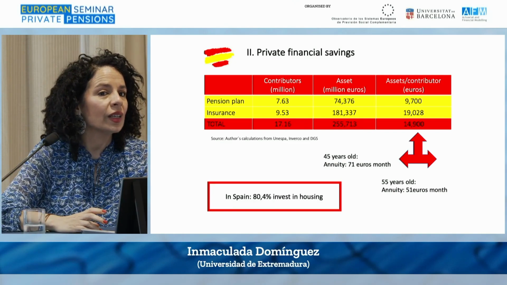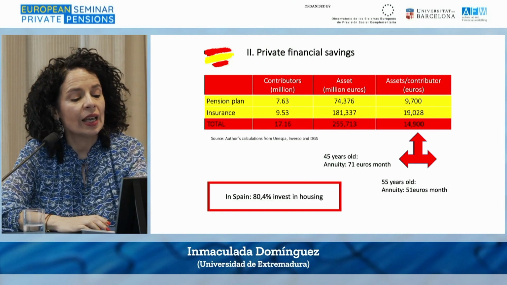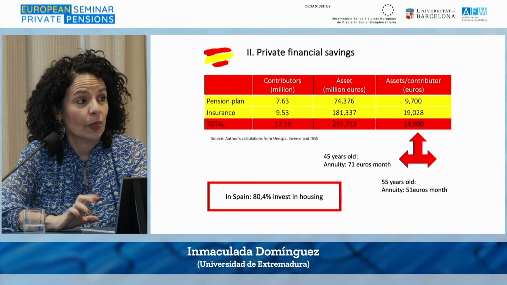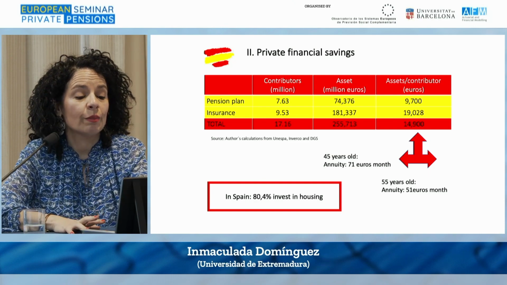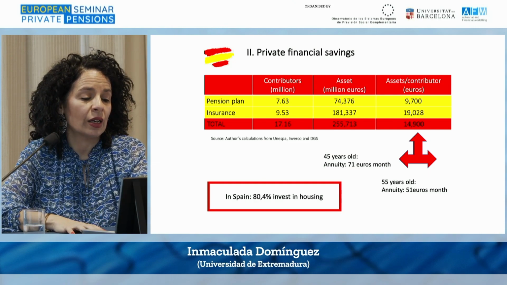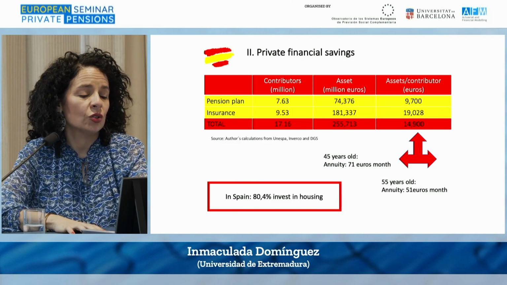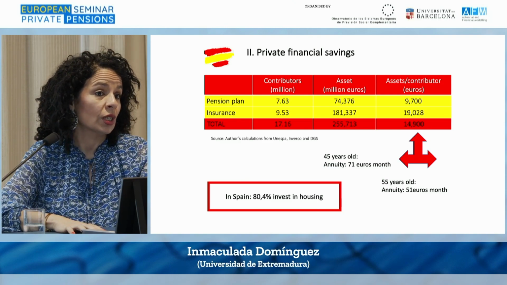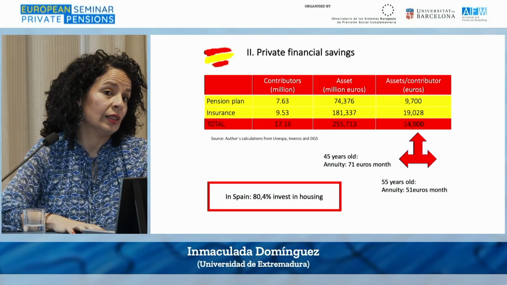And in Spain, it's very important to take into account that a lot of people have a house. And this is important because the government incentivizes, when you are at retirement age, that you sell your house and take an annuity.